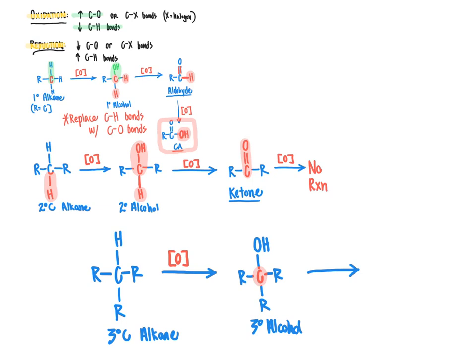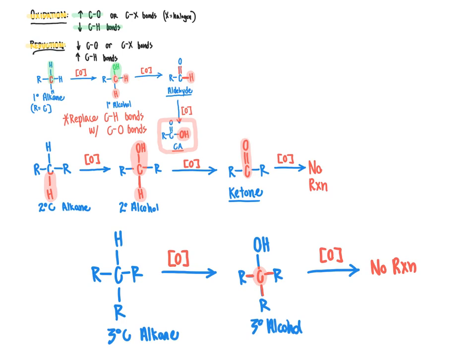And so under typical conditions, we would see no further oxidation, because further oxidation would require breaking carbon-carbon bonds here, here, or here, and that simply is not going to generally happen. Carbon-carbon bonds in these alcohol molecules tend to be very stable and very difficult to break. So under typical oxidation conditions, the road would stop here at the tertiary alcohol. You would not be able to convert a tertiary alcohol to anything more oxidized, typically.